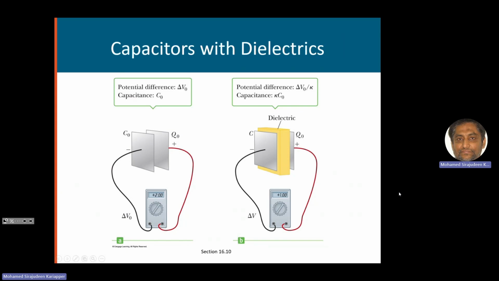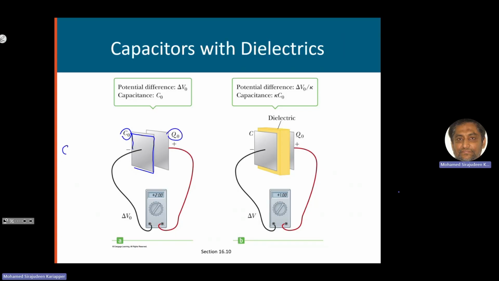So we can demonstrate this, we can observe the capacitance actually increase when you put a dielectric. So we have a capacitor, let's say its capacitance is C0, and it has a charge inside, say, Q0 initially.